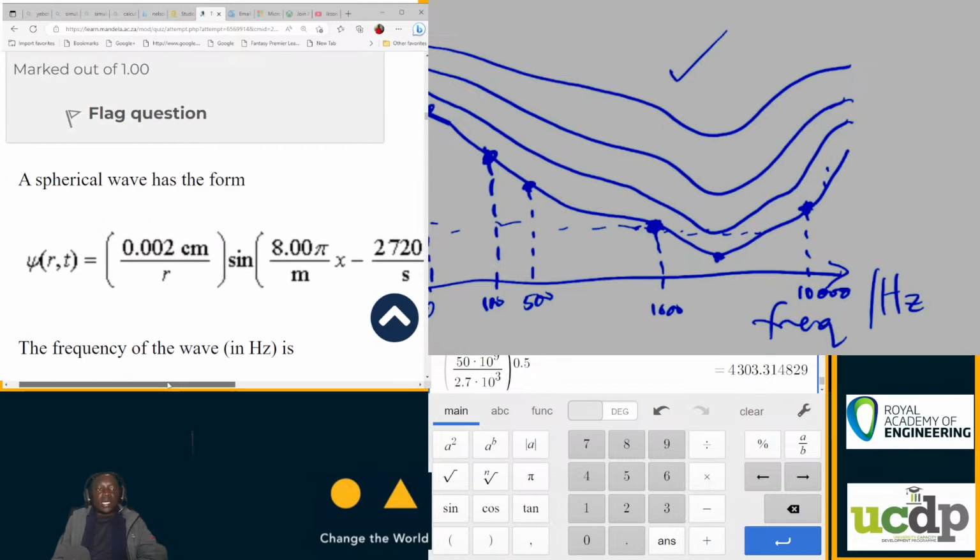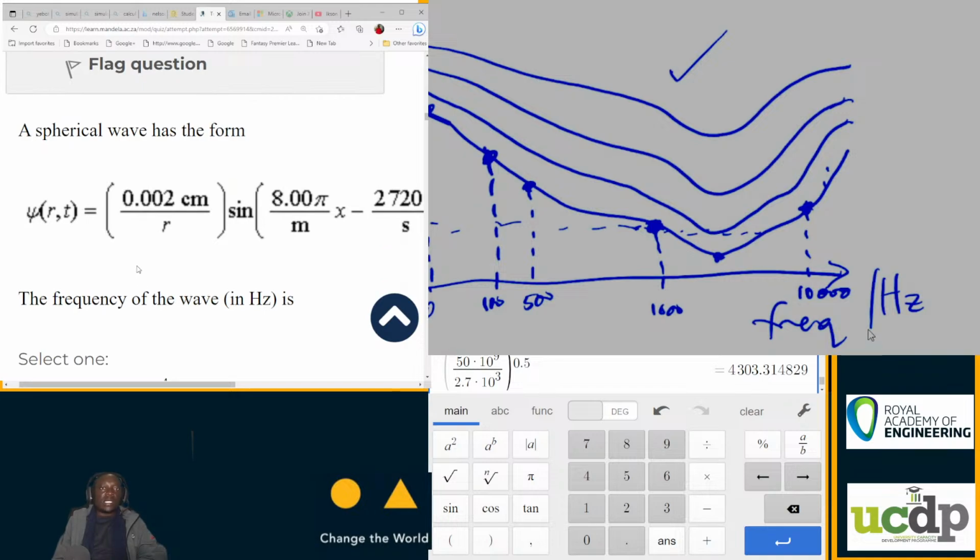Remember what I said earlier, this is just a function showing how the spherical waveform changes with both radius and time, so with distance away from the source and the time. It's a spherical wave, so it's going to be spherically around from the source. Concentric, right?